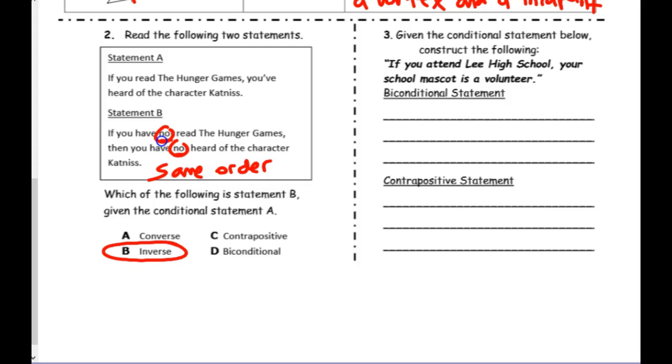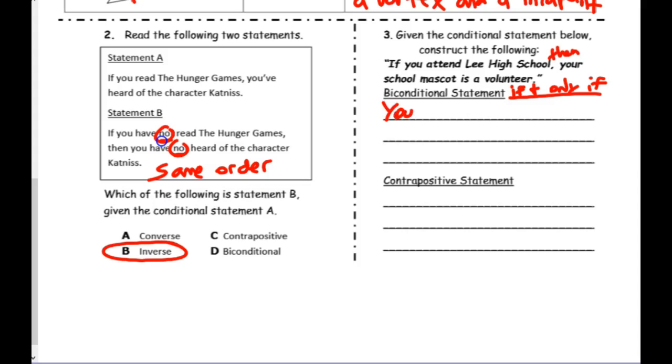Number 3, given the conditional statement below, construct the following. If you attend Lee High School, then your school mascot is a volunteer. Biconditional. So remember, biconditional is if and only if, right? That's the main thing we got to know. So, don't start with if.